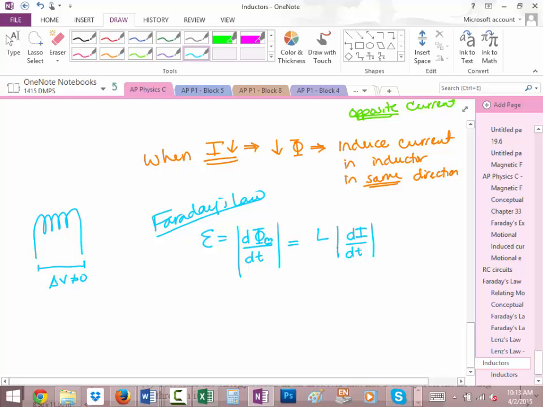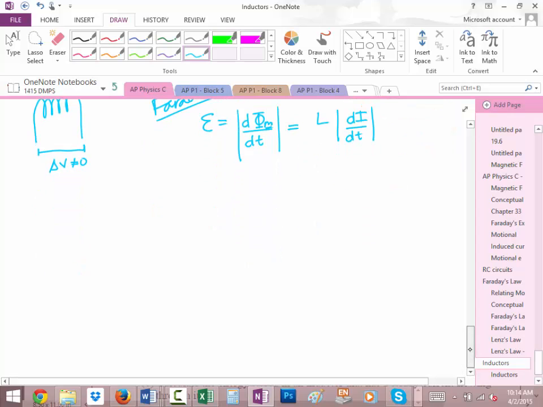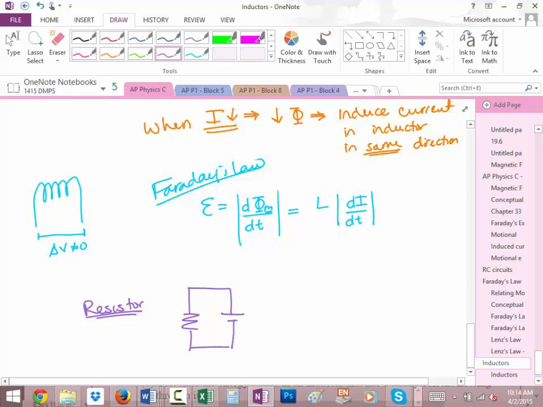In terms of a sign, we need to be able to describe whether it's a positive potential difference or a negative potential difference. We're going to do that in the same way that we do with a resistor. If we have just a simple circuit with a battery and a resistor, you know that the total potential difference around the circuit has to be 0.